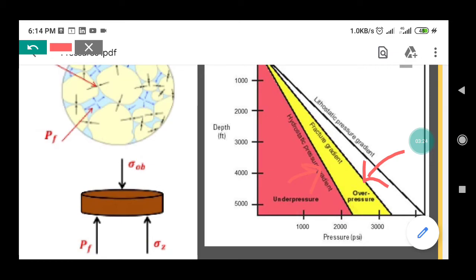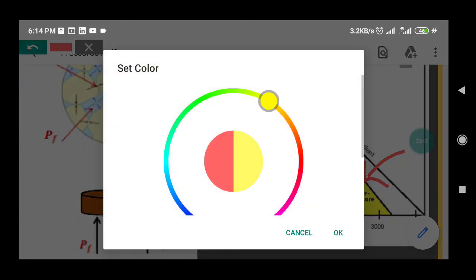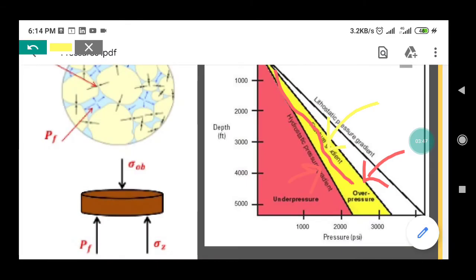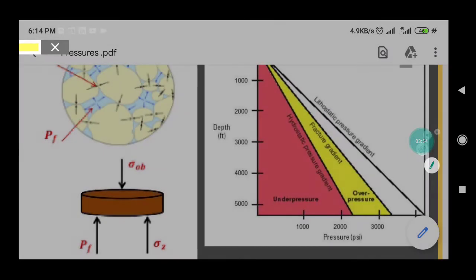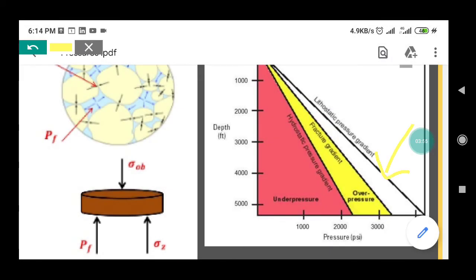To achieve some kind of overbalance and prevent a kick in our well, we need to keep our mud above the pore pressure and below the fracture gradient. This line will represent the mud pressure gradient, and this one is known as the overburden pressure gradient.